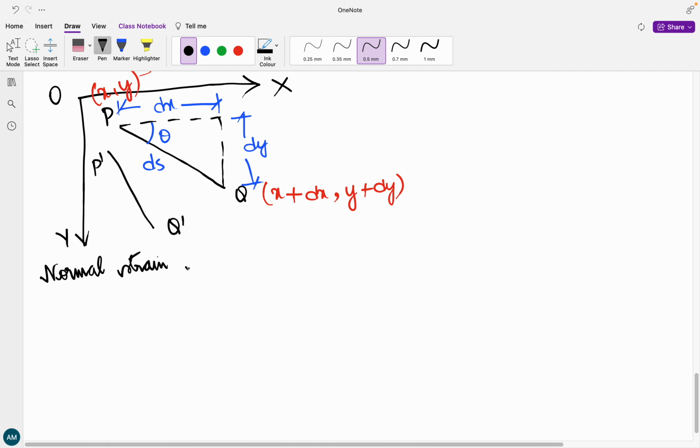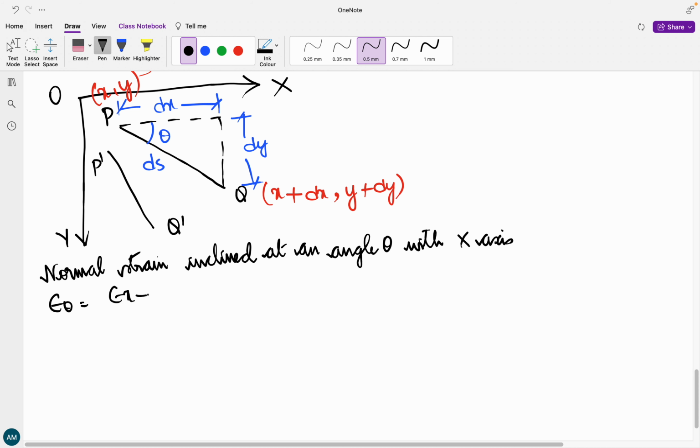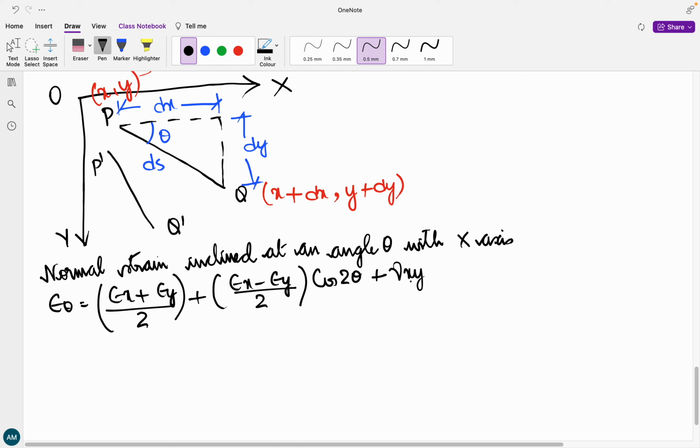Normal strain that is inclined at an angle theta with the x-axis is given by epsilon theta as epsilon x plus epsilon y by 2 plus epsilon x minus epsilon y by 2 times cos 2 theta plus gamma xy by 2 sin 2 theta.